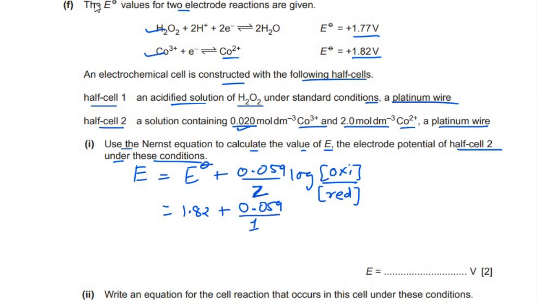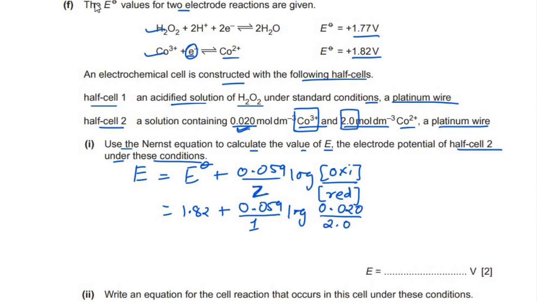Z is the number of electrons used for this particular half cell equation. So here only 1 mole of electron is used, so divide by 1 into log of the concentration of the oxidized species. The oxidized species is Co3 plus because that is more oxidized, and its concentration is 0.020 upon the concentration of reduced species, that is cobalt 2 plus, and its concentration is 2.0.